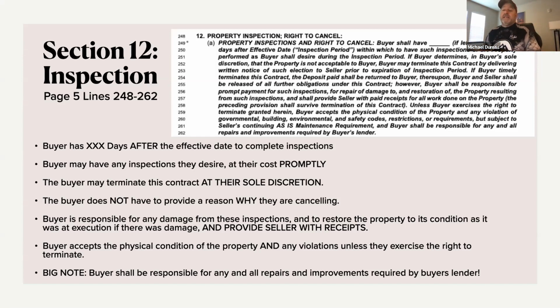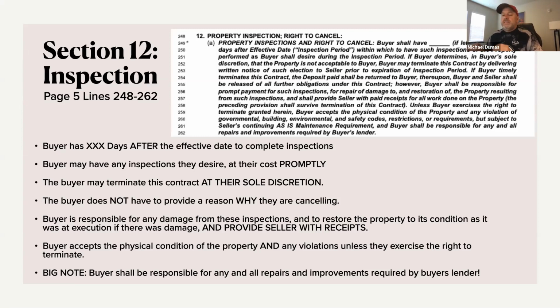And it very clearly states that you as the buyer are responsible for that repair, okay? Well, forget it, we're canceling, we're blowing it up. It doesn't matter if you cancel. You can cancel, but you as the buyer are still responsible for this repair. You don't want to do it, that's fine. I can sue you for non-performance of the contract. So just remember that.